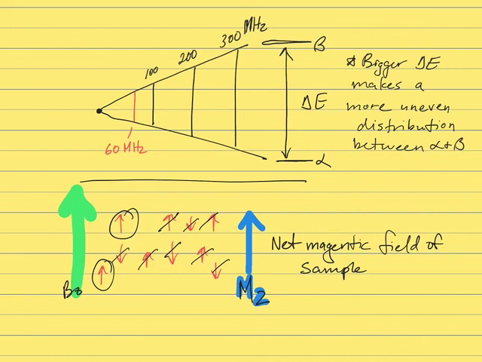These are going to be what makes up our M sub Z. That kind of looks like a 2 instead of a Z. That should be a Z, named after the Z axis, just sort of arbitrary. So the greater the difference in delta E up here, the more spins there are going to be in alpha versus beta, and that's going to lead to a stronger M sub Z.